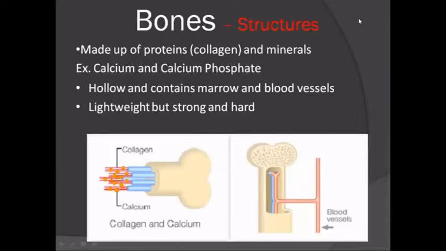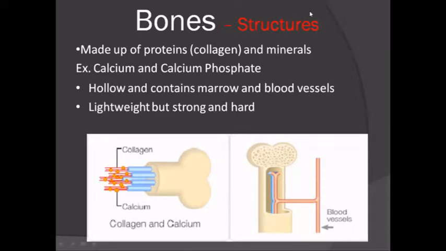The structure of the bones. Bones are made up of proteins or collagen and minerals such as calcium and calcium phosphate. These materials join and work together to give your bone its compact and sturdy characteristics. Do you have any idea how many bones are within your body?